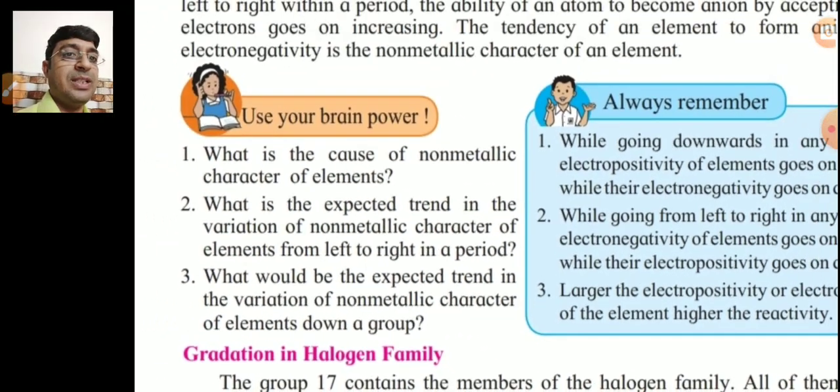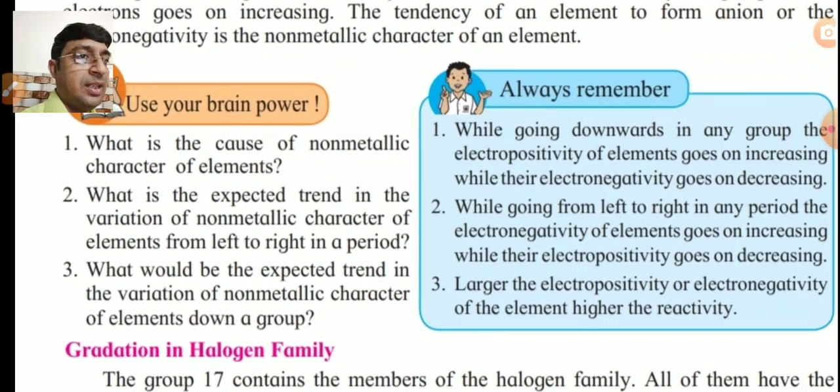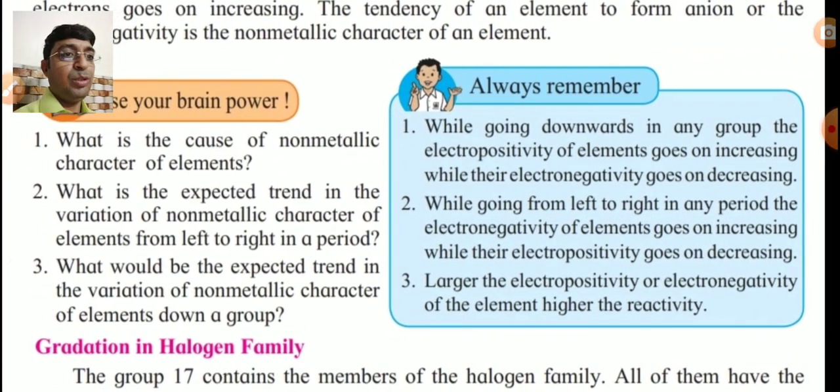Last topic of this lesson. Always remember what is given in that blue box. While going downwards in any group, the electropositivity of elements goes on increasing while their electronegativity goes on decreasing. Very important points are given here.